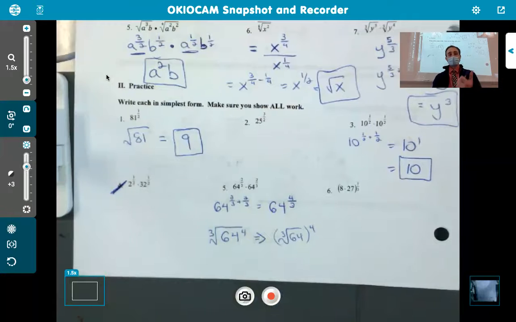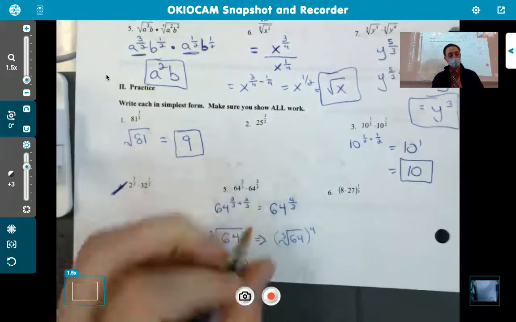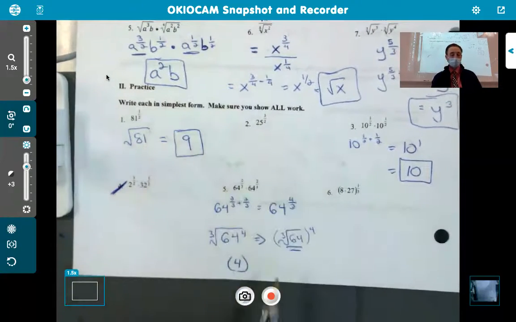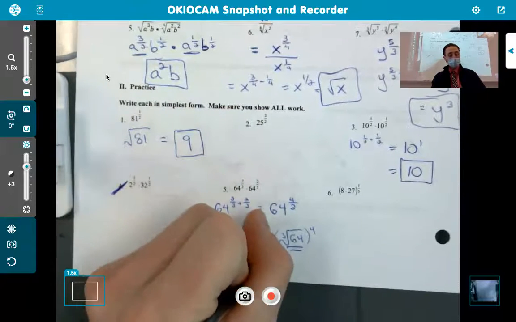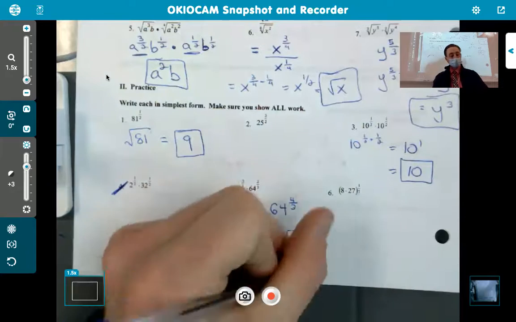It's 4. 4 times 4 is 16, times an additional 4 is 64. So this is 4. If I simplify what's inside my parentheses there, and then I'm raising that to the fourth power. Well, what's 4 to the fourth power? And you can use a calculator if you need to. What's that? 256, good.